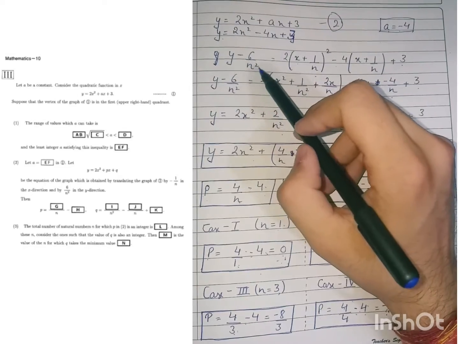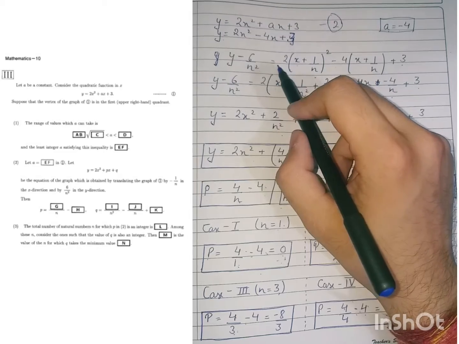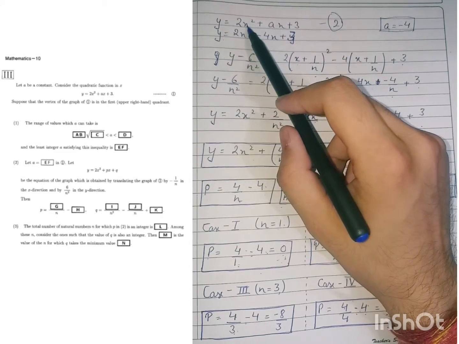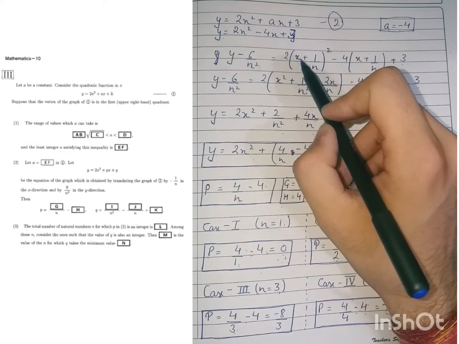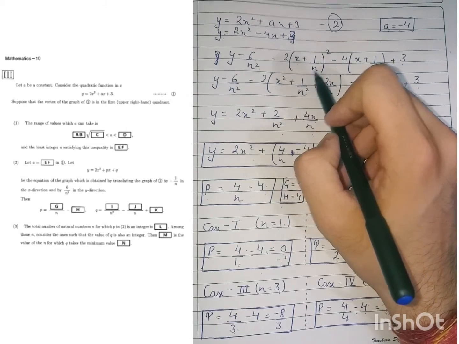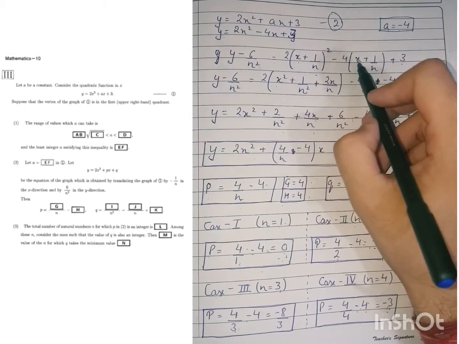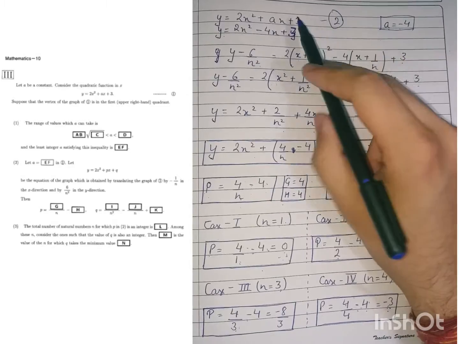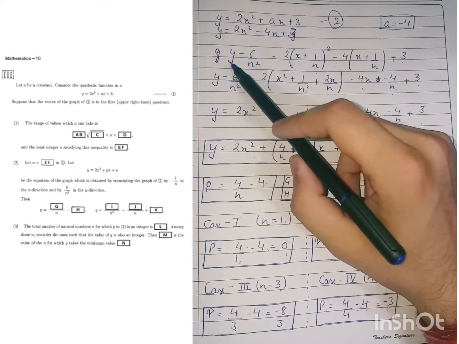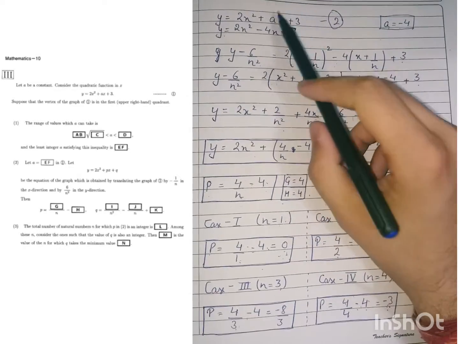Y minus 6 by n square is equal to 2 into x plus 1 by n square minus 4 into x plus 1 by n plus 3. We have just put the equation of y and x in the first equation.